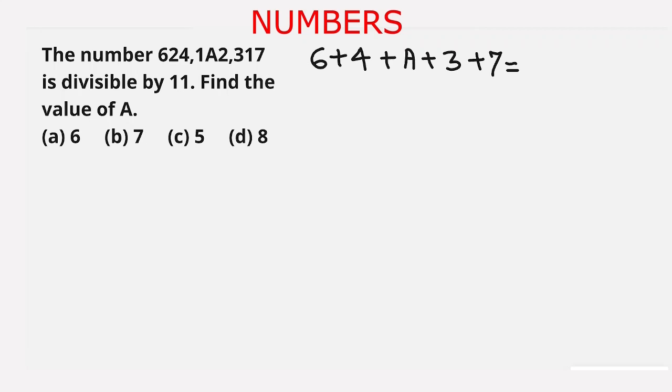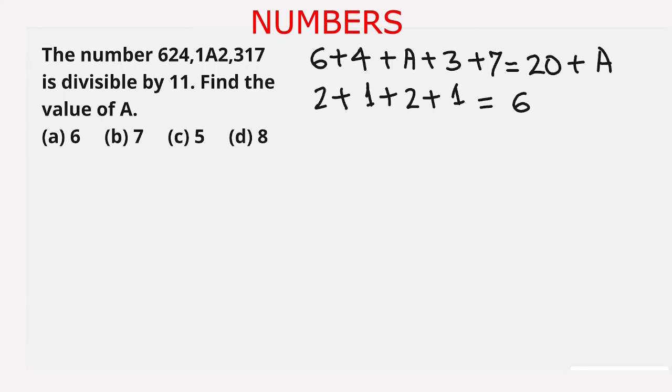So the sum is 20 plus A. Now we take the sum of the digits at even places starting from the left. So this is 2 plus 1 plus 2 plus 1, and 2 plus 1 is 3, plus 2 is 5, plus 1 is 6.